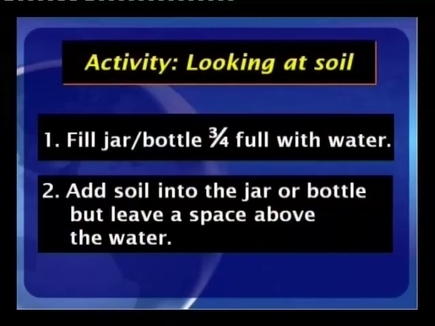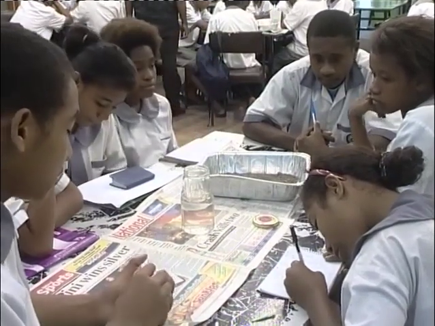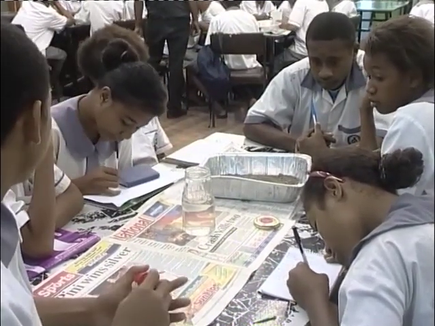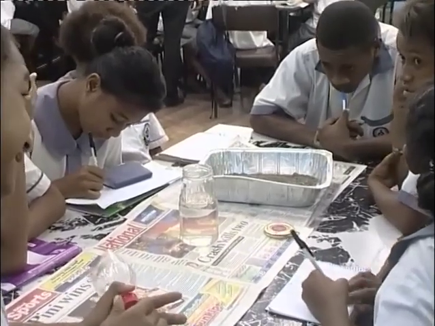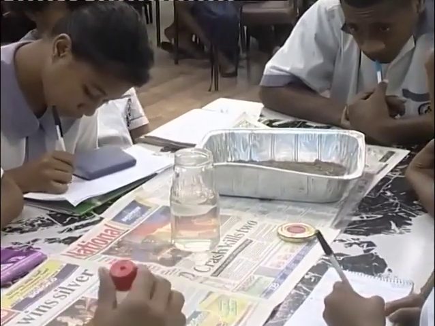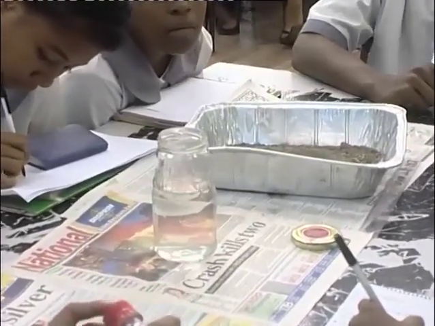Not this jug. 3/4 of this jug. Where is 3/4 of this jug? Fill the water up to 3/4 of the jug. Okay, that's 3/4. Is it okay? Okay, that's fine. Okay, next group.